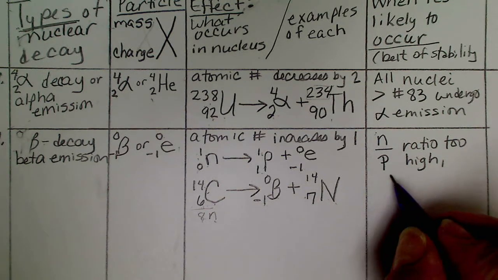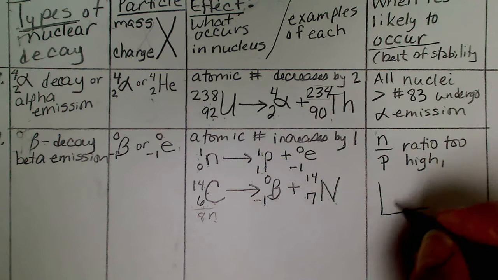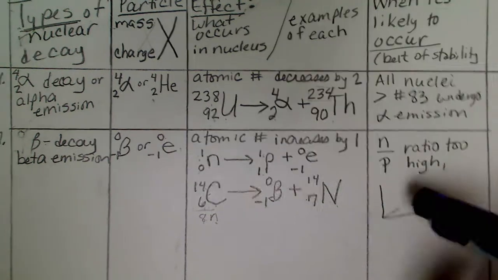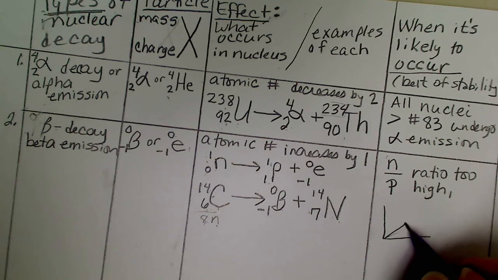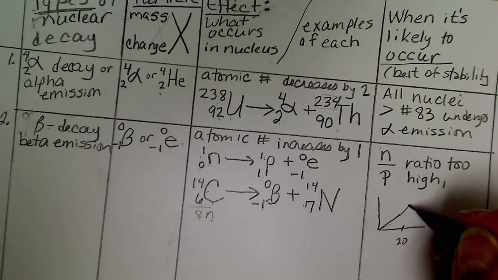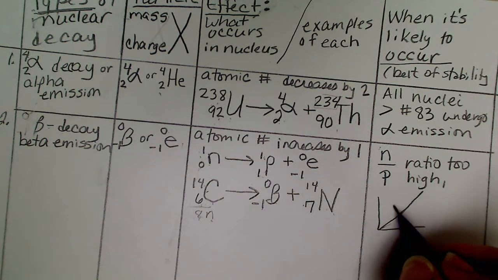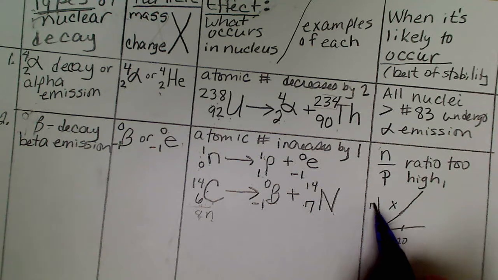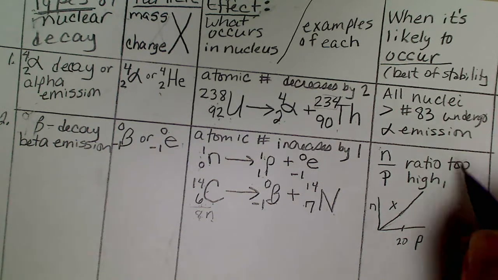Or if we're thinking about the belt of stability, which I might try to draw, I guess I've got room here. So our belt of stability goes a slope of 1 up to atom number 20, calcium, and then the slope increases. So we could say that this isotope, where this is neutrons, the x-axis is protons.